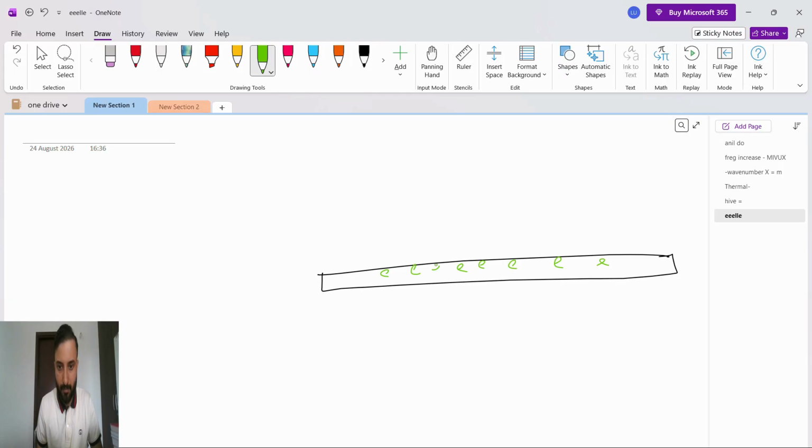Electrons are present. If a ray of light comes and hits here, the ray of light collides with the electron, yes or no? Yes sir.